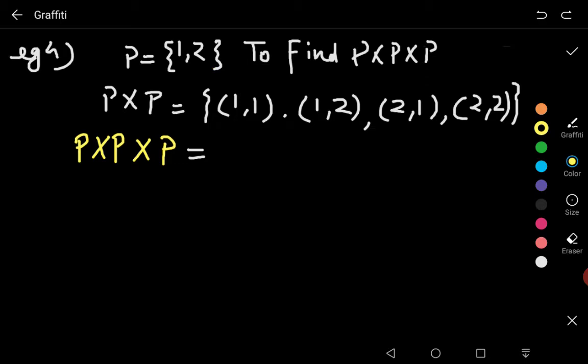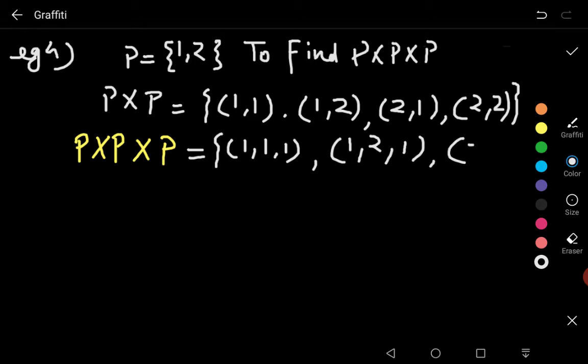So we will take (1, 1). Once we multiply it by 1, we will get again 1. Then (1, 2). Then again this one. Then (2, 1), again 1.